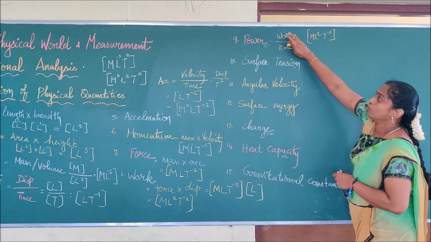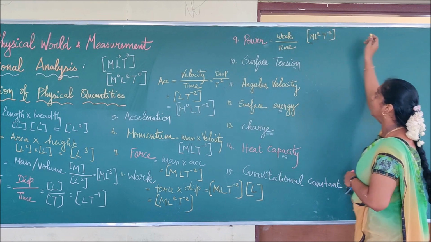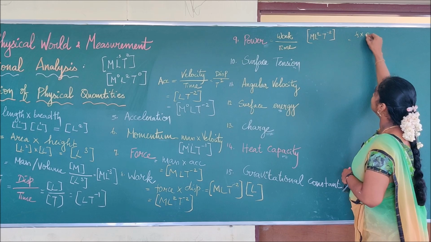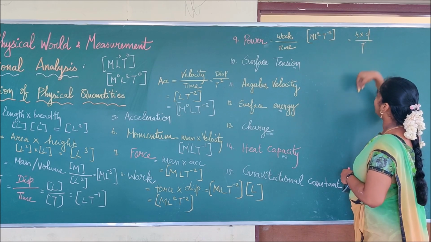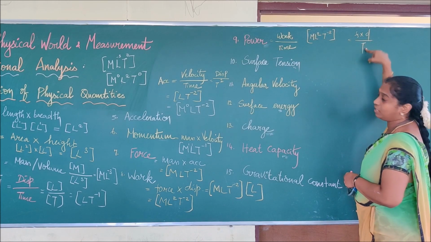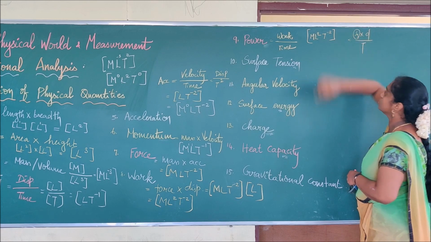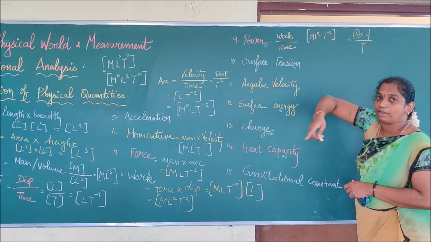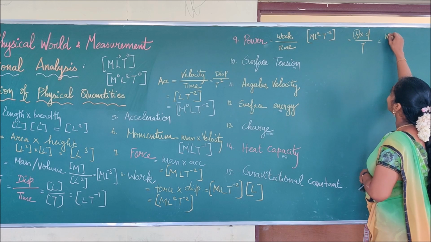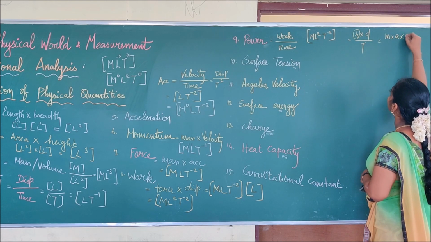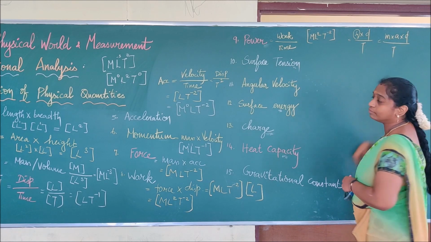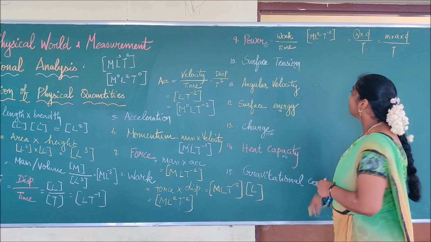If I don't know the work dimension directly, then what do you have to do? Power is equal to force into displacement by time taken. So time is a fundamental quantity. Displacement is a fundamental quantity. But force is not one. So force we have to derive. Again, force is equal to what? Mass into acceleration into displacement divided by time taken. Alright? Then what do we have to do?